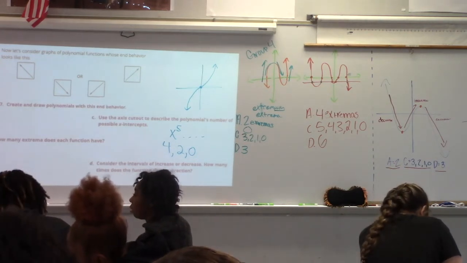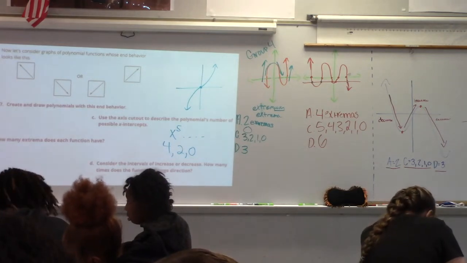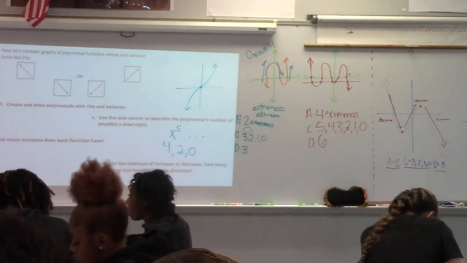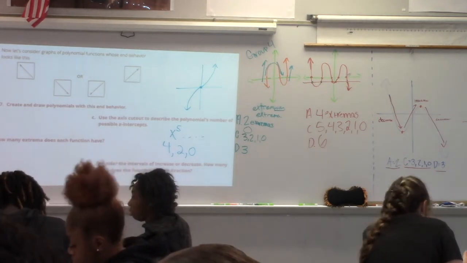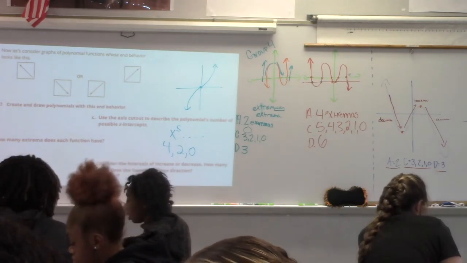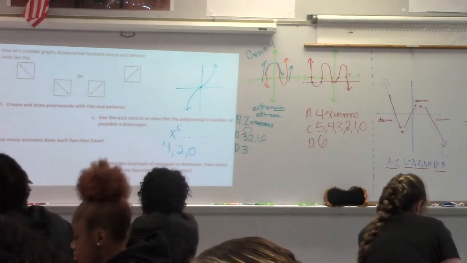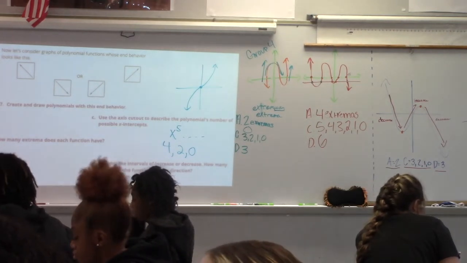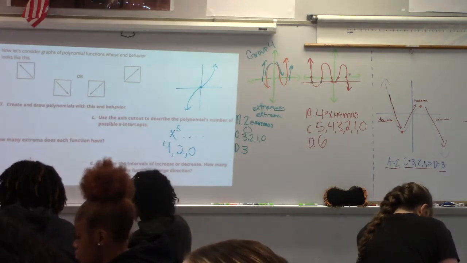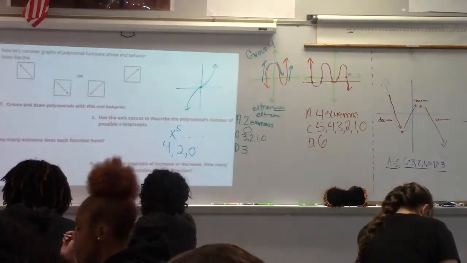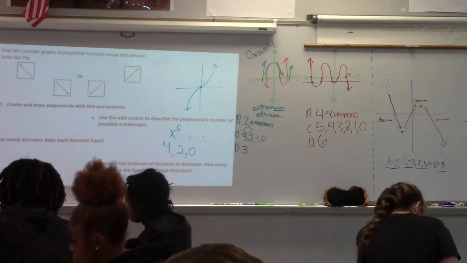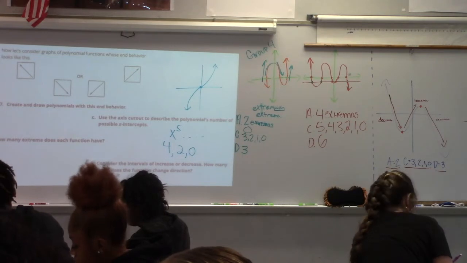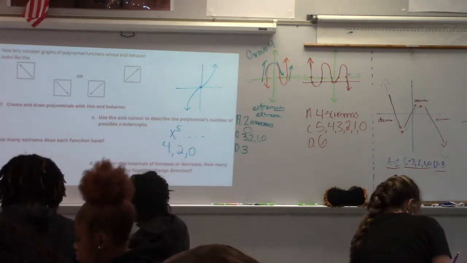Okay, so graph yours, answer A through D in your book, and then we'll have a wrap-up discussion where you write stuff for E. What about B? B's is odd. Answers look fine around the room, so you can copy down your answers for A through D, and then we're going to talk about E.